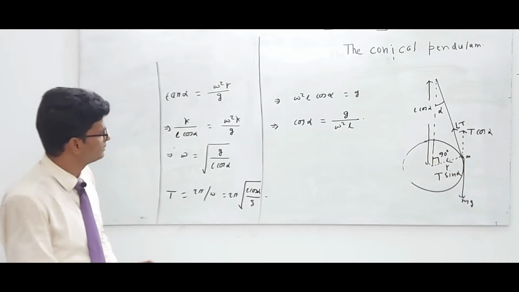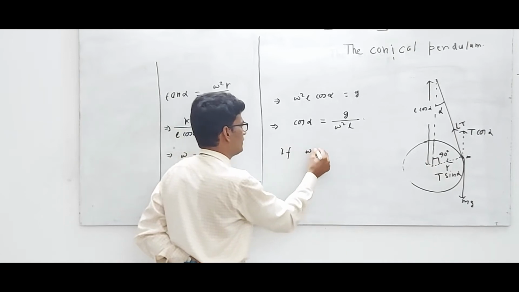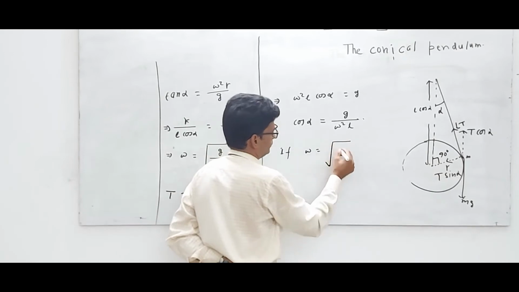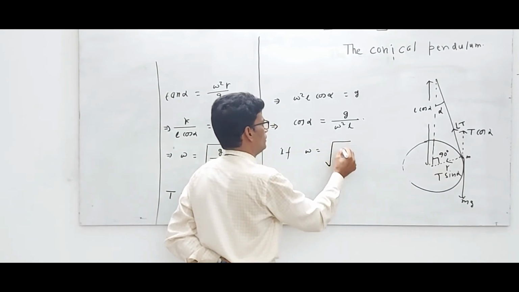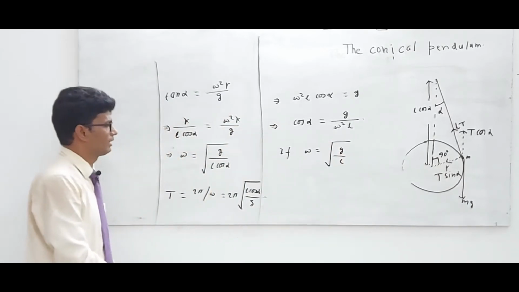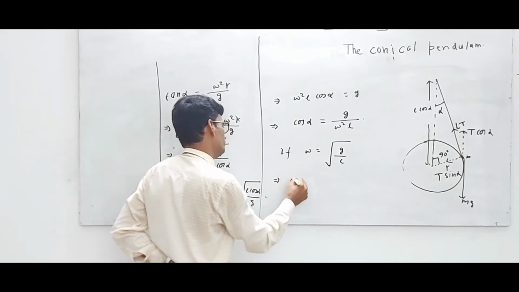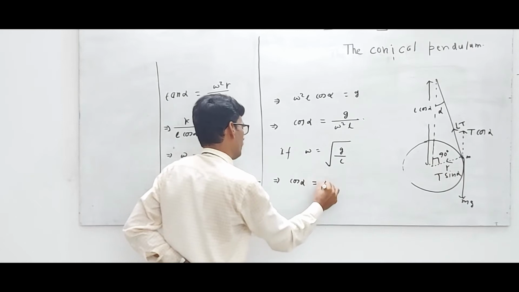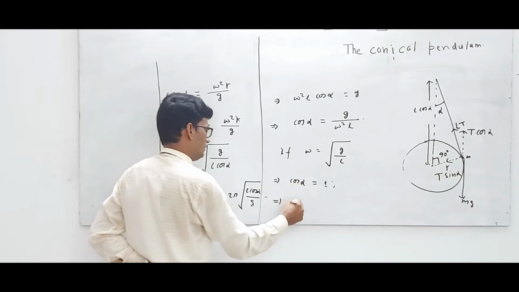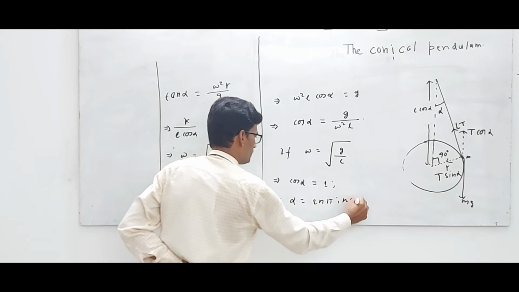So firstly, if omega is equal to under root g over L, then what will happen? In this case, cos alpha comes out to be 1. Then this implies alpha is equal to 2n pi, n belongs to integer.